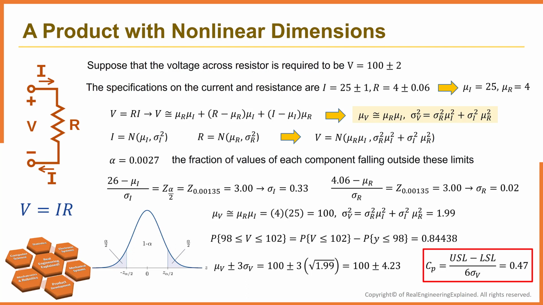So, please note that even though the individual current and resistance have Cp of 1, which means 2700 defects per million, their interaction produces a circuit whose performance relative to the voltage specification is very poor. The Cp is equal to 0.47, much less than Cp equals 1 for each of those variables.